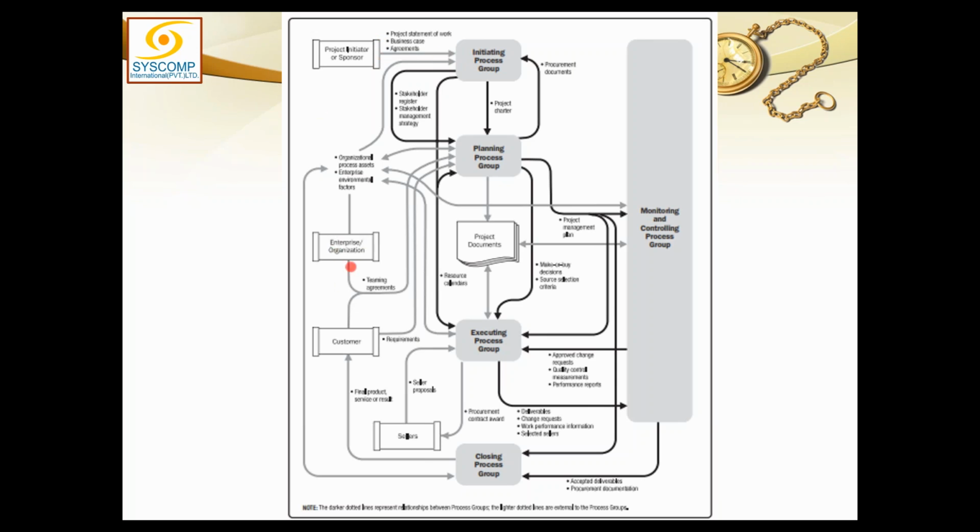What else? We have got another external box named enterprise or organization. So there are some things which are coming from the organization side. On top of it, there are 2 items written here: organizational process assets and enterprise environmental factors. They are going to the initiation process group, the planning process group, execution, monitoring and control, and close.